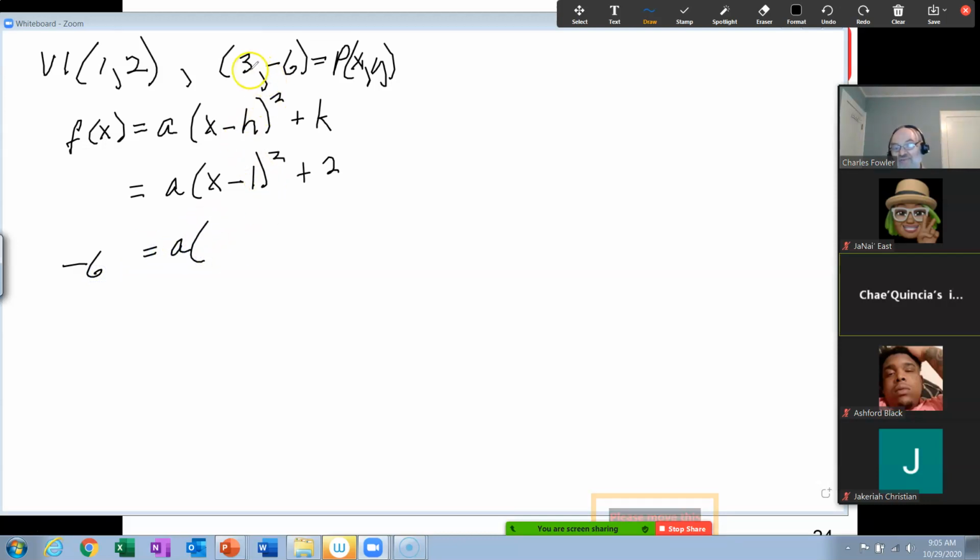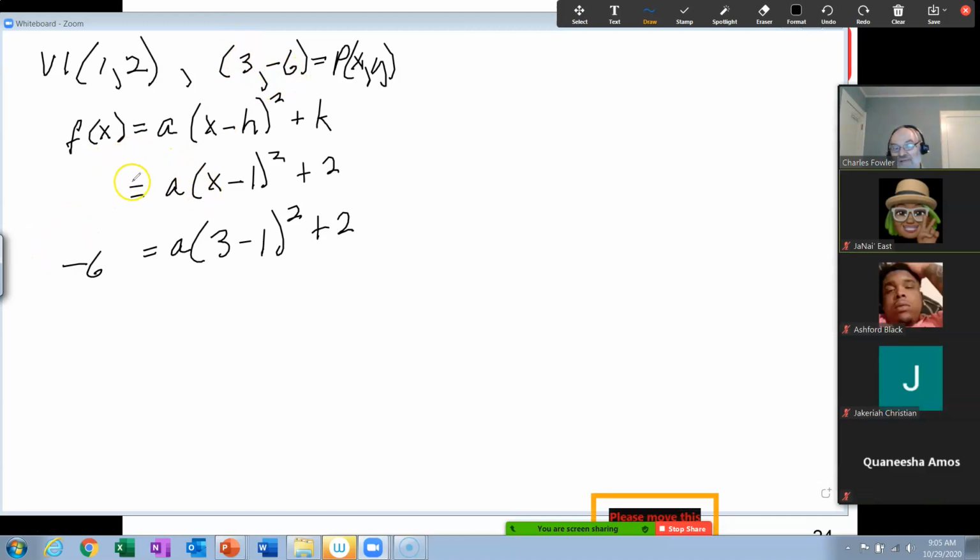Your x here is 3. So make it 3 minus 1 squared plus 2. We're just plugging in this x, y value into this equation. The y is the f of x, the x is the x. Okay, 3. Okay, so let's solve this.